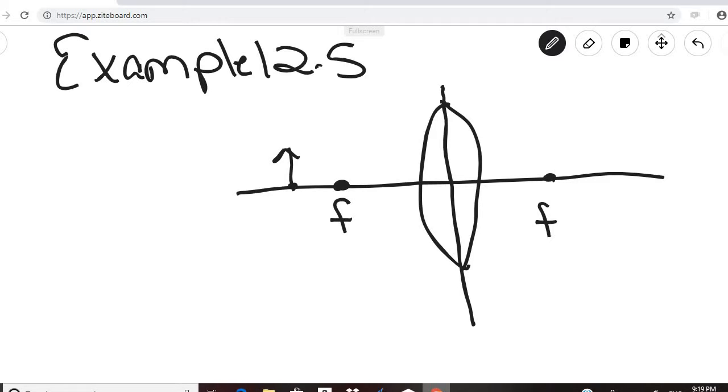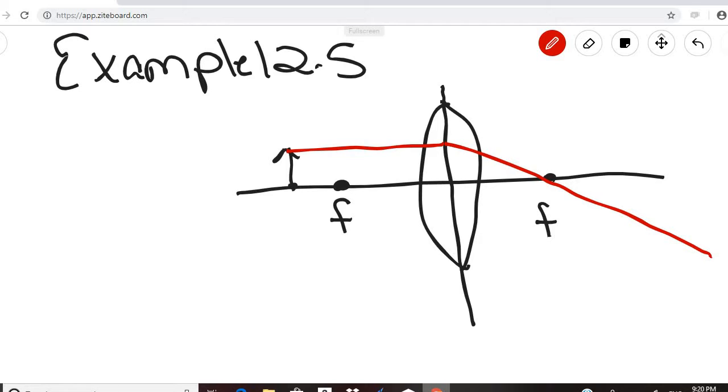So let's draw our 2 lines. We'll start with a red one. So our first rule is that we're going to start at the top of the object, and it's going to travel in until it hits the center of the lens, and then it is going to exit through the focal point. Okay?